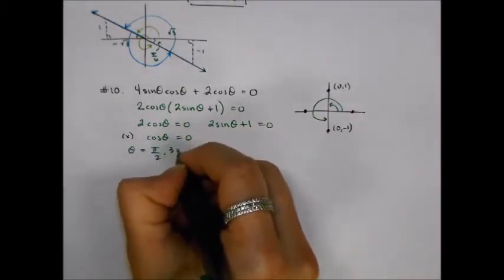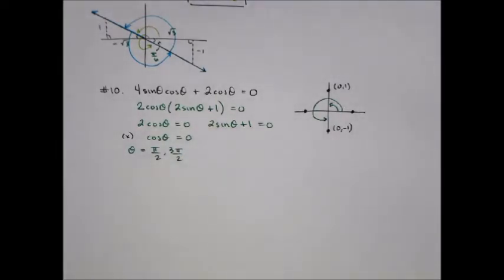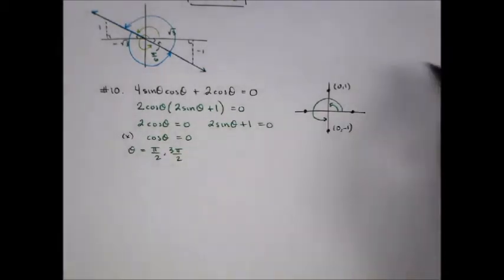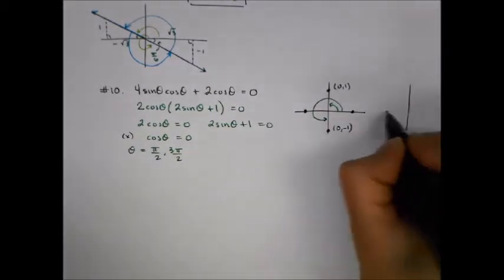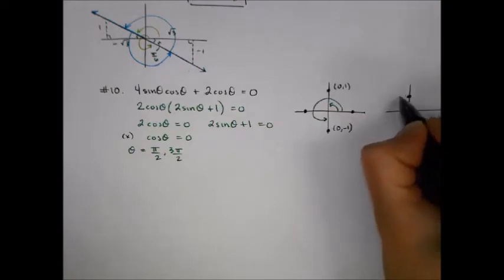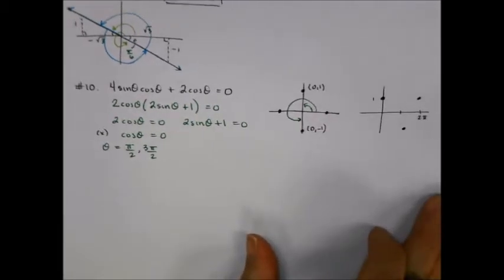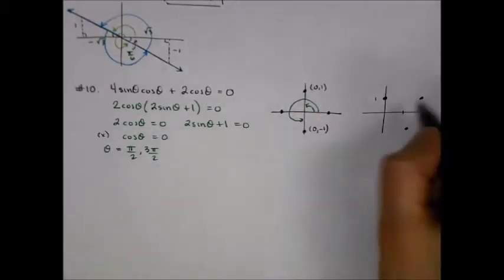If you want, you could also think about the graph of cosine. So the original graph of cosine theta, which starts here at 1, at 2 pi is back at 1, at pi the minimum -1. And then it has the intercepts right in between.